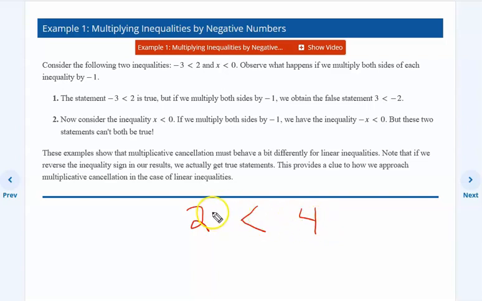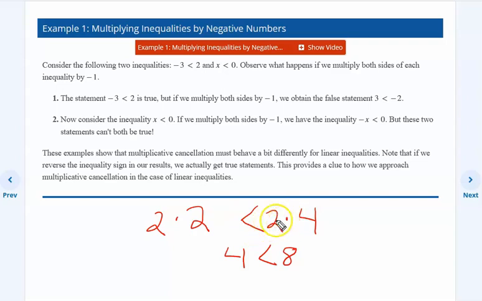Now, how about if I multiply this side by a 2 and this side by a 2? We now get 4 is less than 8, and that is still true.